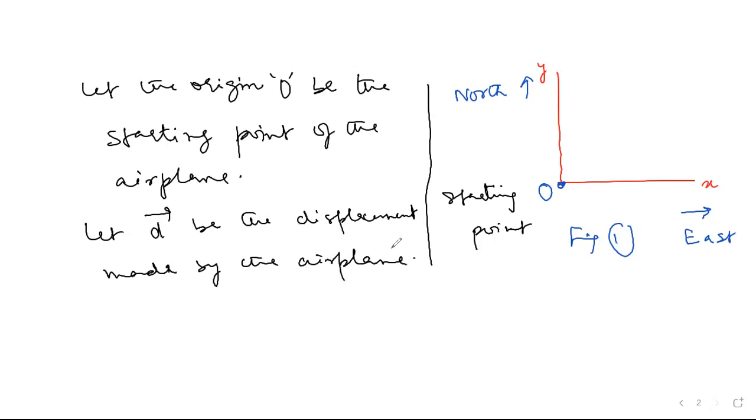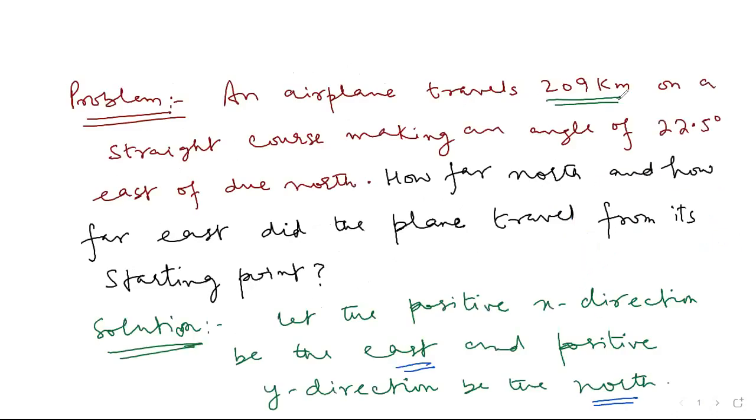So if d is the displacement made by the airplane, then we can draw it in figure 1. Its length, that means magnitude of this displacement, is 209 kilometers, as is given in the problem, and it is directed 22.5 degrees east of due north.